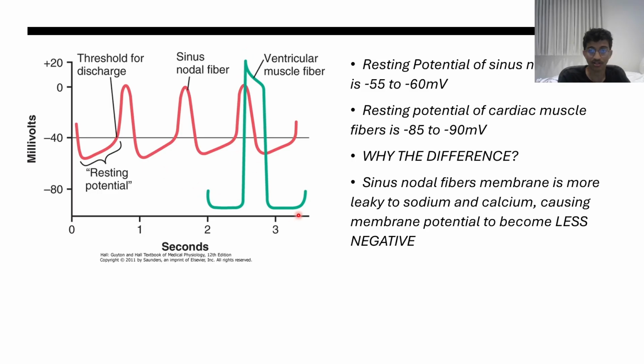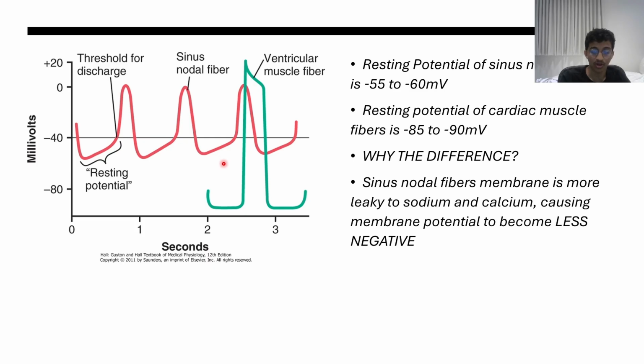If you notice, the resting potential of sinus node cells is minus 55 to minus 60, while the resting potential for ventricular muscle fibers is minus 85 to minus 90 millivolts. Now, why the difference? Sinus nodal fiber membrane is more leaky to sodium and calcium.